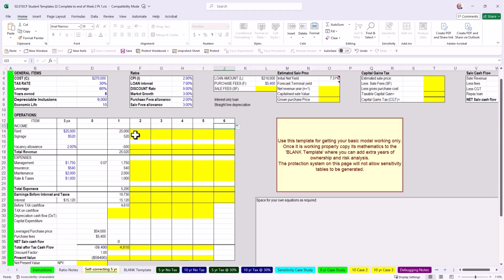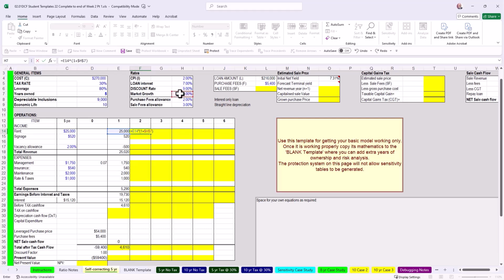Calculating the rent for year 2 is as simple as escalating the rent for year 1 by 1 plus the market growth rate. So I take the rent from the previous year, I multiply it by 1 plus the market growth. I'm going to hit the F4 key to add the absolute dollar signs into the Excel cell address.